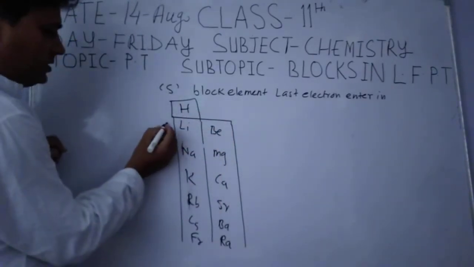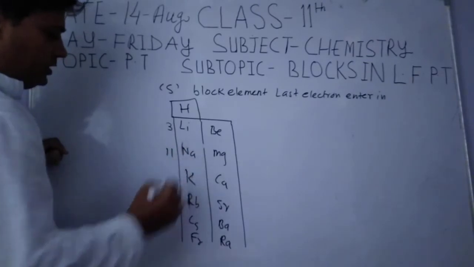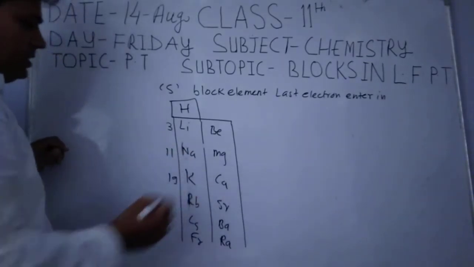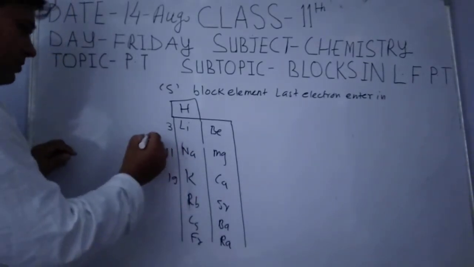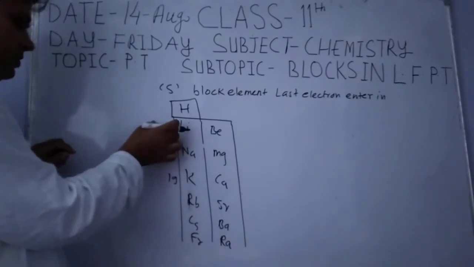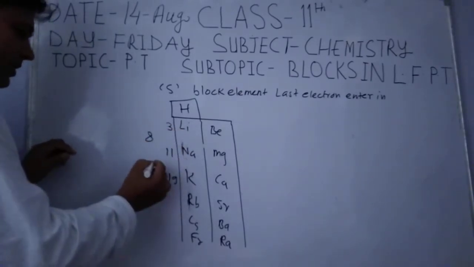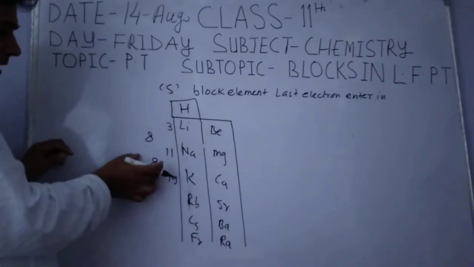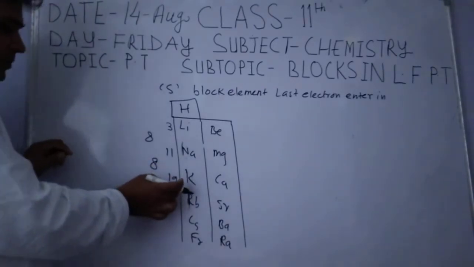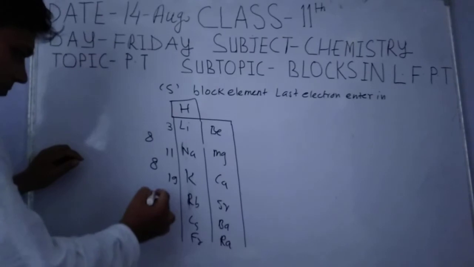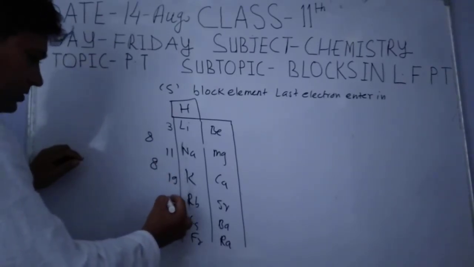The atomic number is 3, atomic number is 11, atomic number is 19. How we can obtain? We can add 8 in 3, it is equal to 11. Also we can add 8, it is equal to 19, and this is 37.